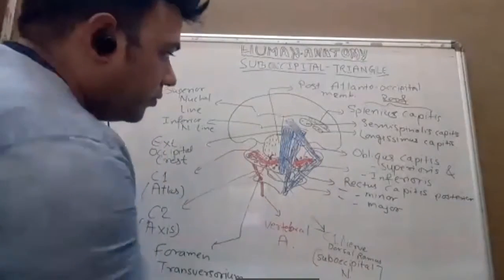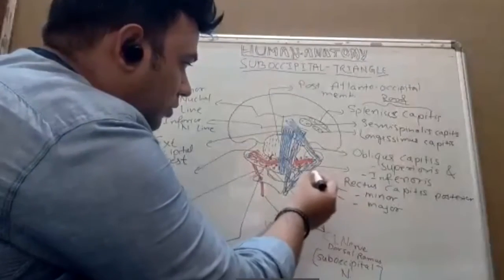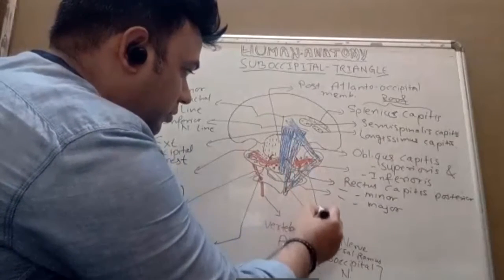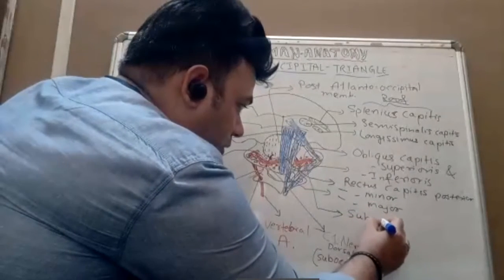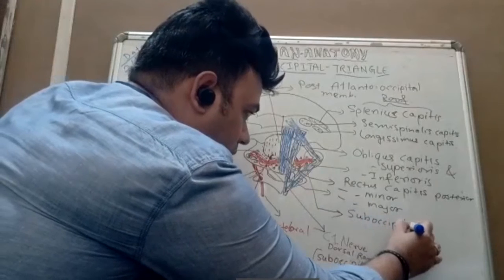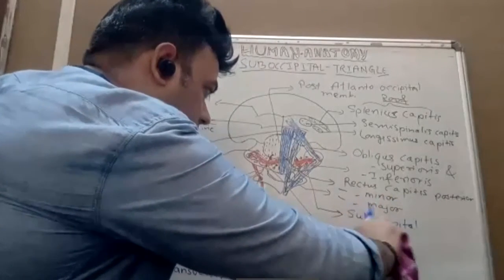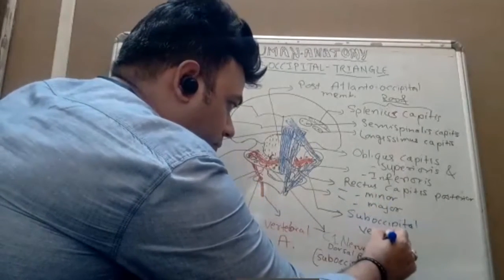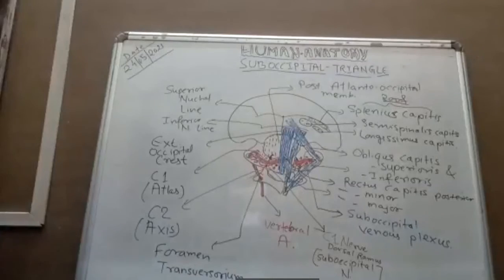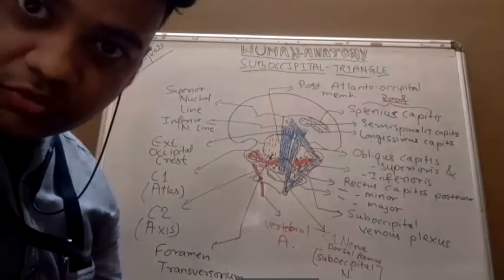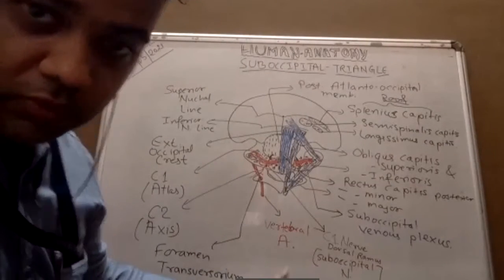So that is, okay, so I will just cross other labeling. Suboccipital venous plexus. Clear? C1 is above this, right? C1 now. A little, okay.